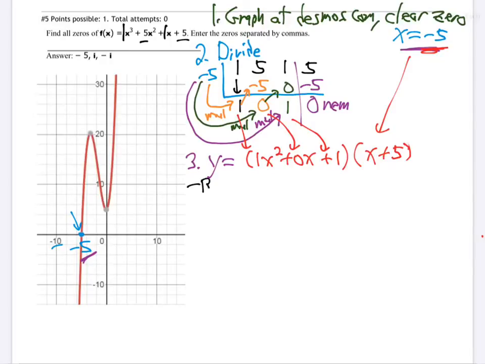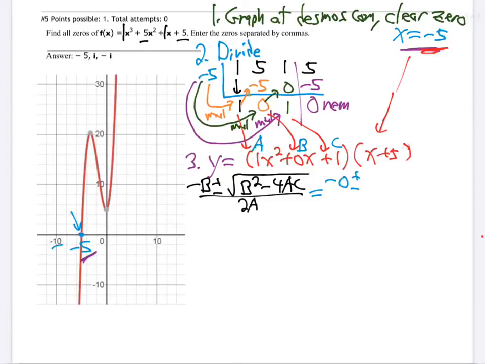So -b plus or minus the square root of b squared minus 4ac all over 2a. Oops, I messed that up over there. Okay, so what do we got here? Here's a, b, c, so -b, -0, plus or minus square root of b squared, 0 squared, minus 4 times a times c all over 2a.